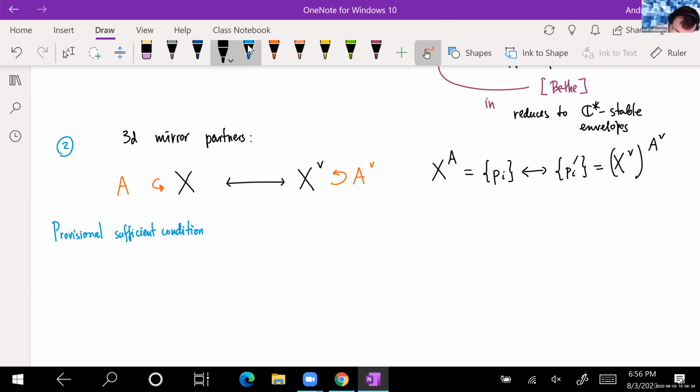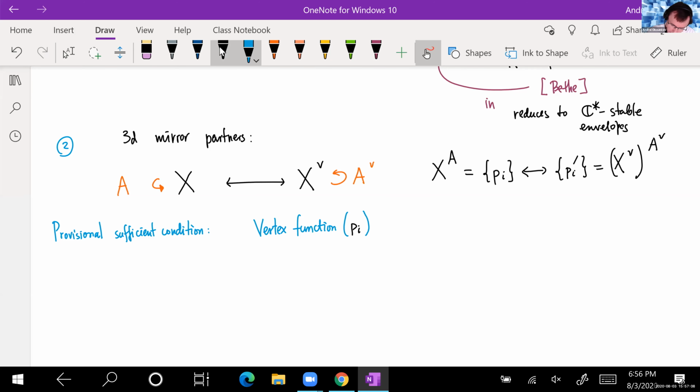And the sufficient condition is the following: if we take the vertex functions for this pi, so to write down a vertex function requires presenting the space as a quotient.